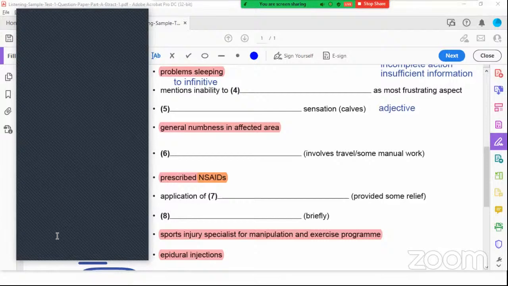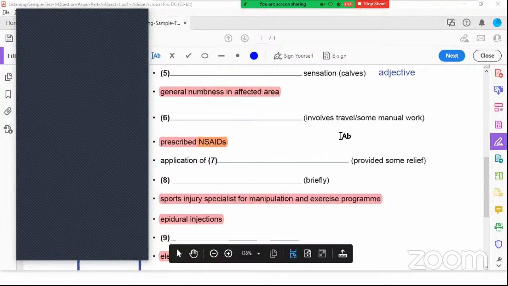Then you can say military, policeman, okay, police, like this. There are many people who travel, and they do manual work. Okay, security guard, that's right.